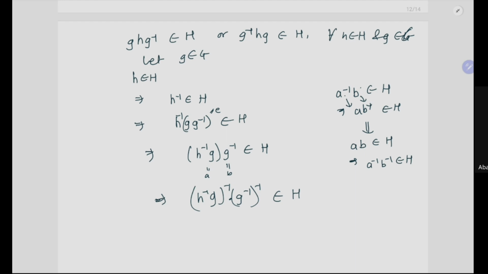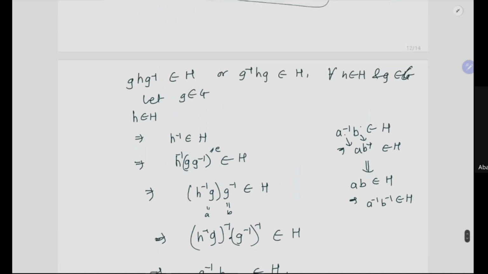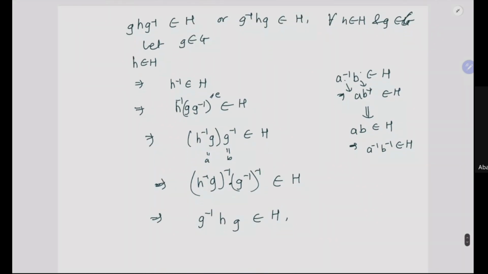I hope this is clear. And then what this is? It is G inverse HG belongs to H. And here H and G were arbitrary, H was in H and G was in G. So this is true for any given G and H, so we can say that H is normal, right?